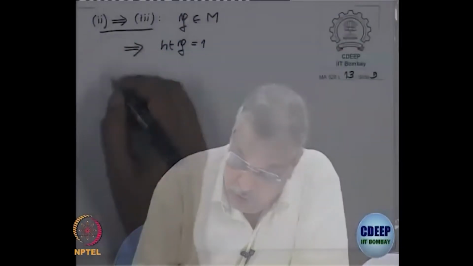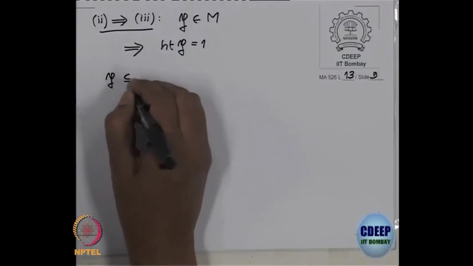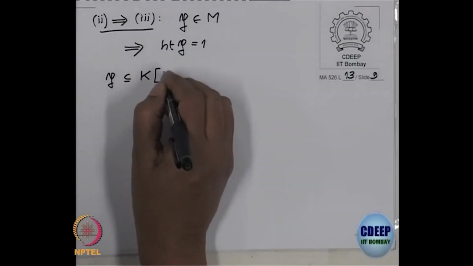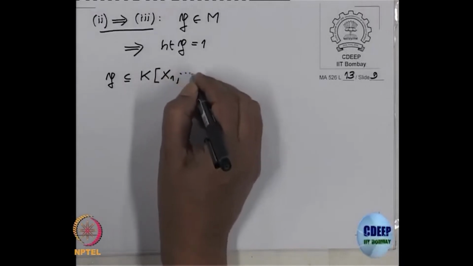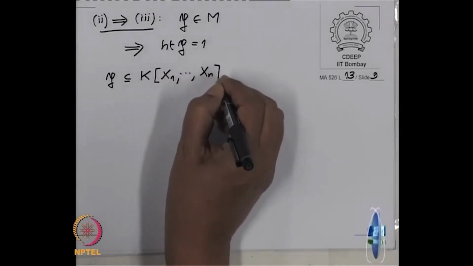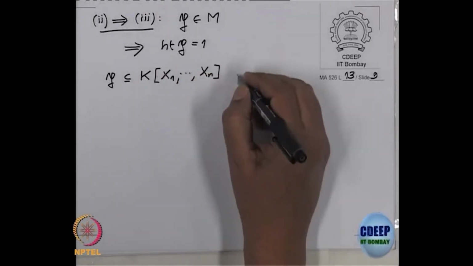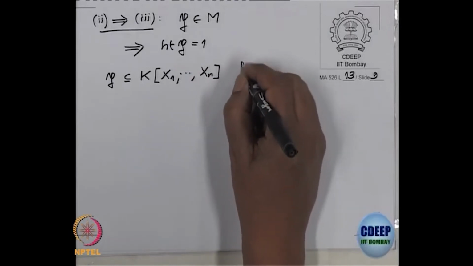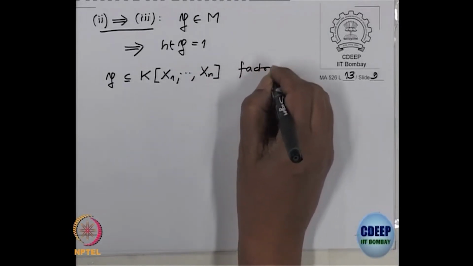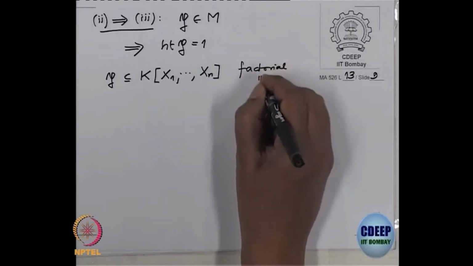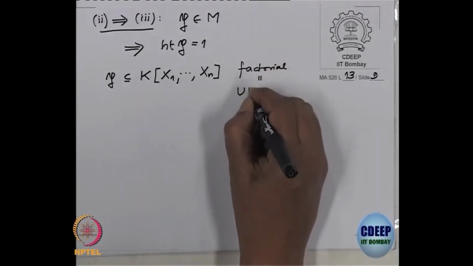Now, where are we? This P is a prime ideal in the polynomial ring over a field k[x1, ..., xn], and this polynomial ring is actually factorial. When I say factorial, that means unique factorization domain.